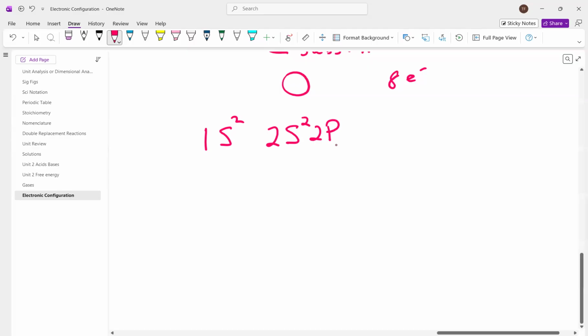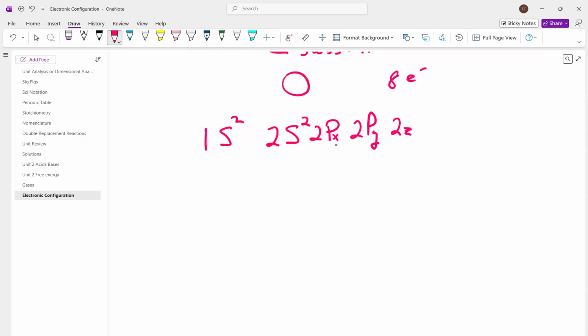Now remember, there are 3 orbitals. We're going to call them p sub x because it goes along the x-axis, y-axis, and z-axis. So what does P represent?